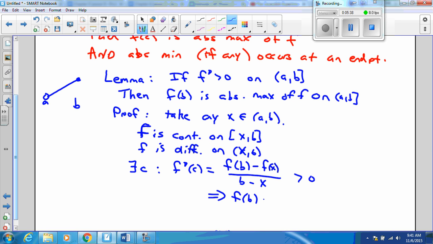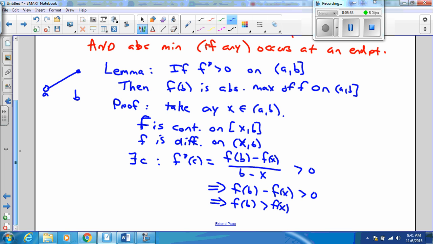And therefore, I can multiply both sides by b minus x and get that f of b minus f of x is a positive number. So f of b is bigger than f of x for every single x value in the interval a to b, which means it is the max. And that's it.